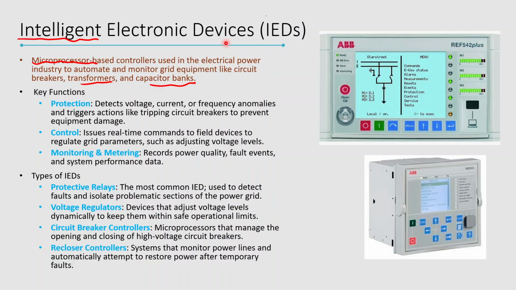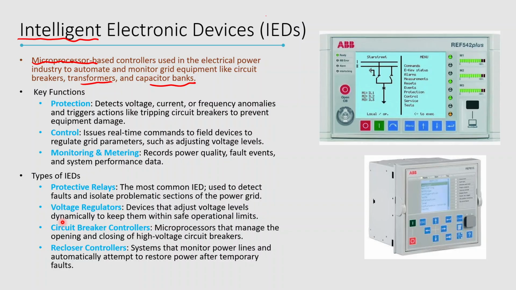So there are different types of IEDs. Some typical IEDs that you find in substations are protective relays. These are the most common IEDs, used to detect faults and isolate problematic sections of the power grid. Voltage regulators are devices that adjust the voltage levels dynamically to keep them within safe operational limits, like transformer tap changers, static VAR compensators, and so on.